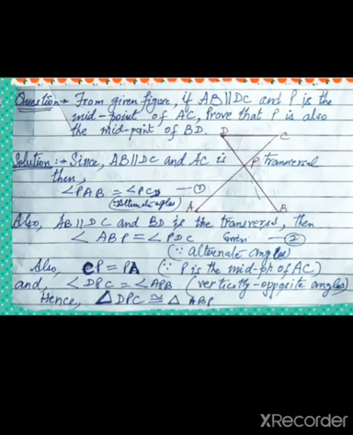Also, since AB is parallel to DC, BD is a transversal, then angle ABP is also equal to angle PDC. Again, alternate angles of the considered triangles. Also, P is the midpoint, given to us, so we can say that CP equals PA, because P behaves as a midpoint, already given in the question.